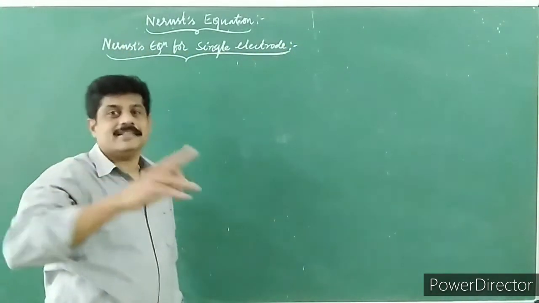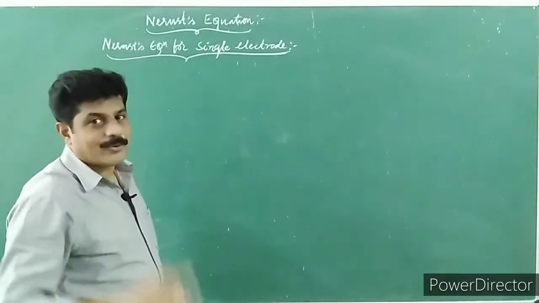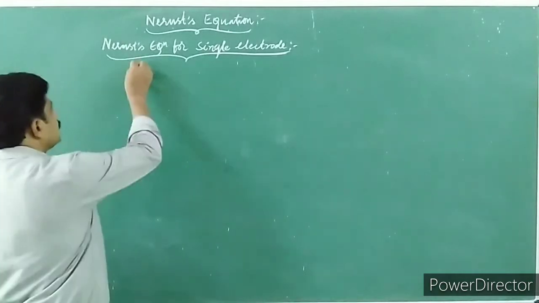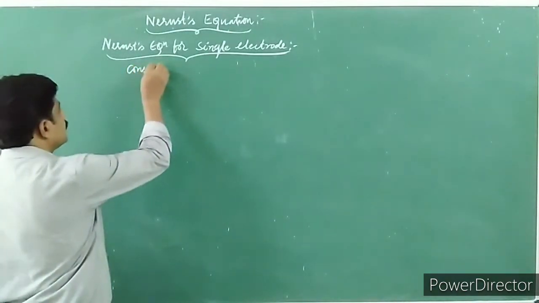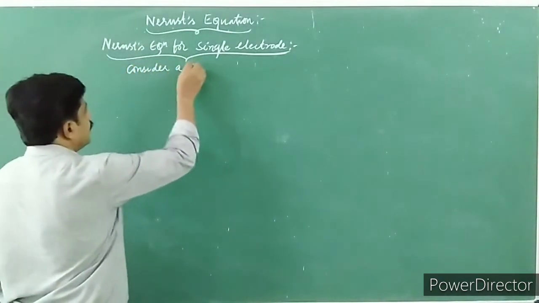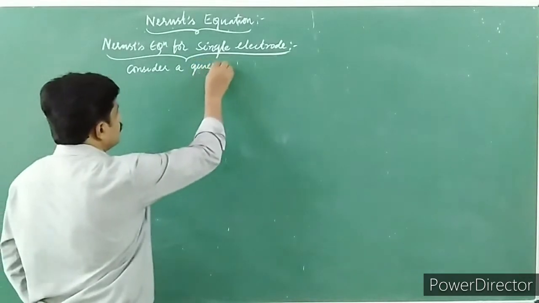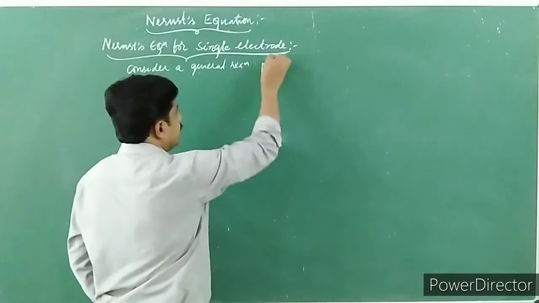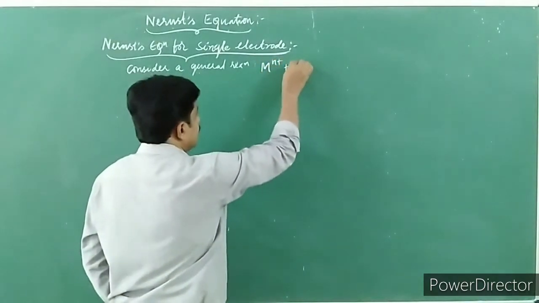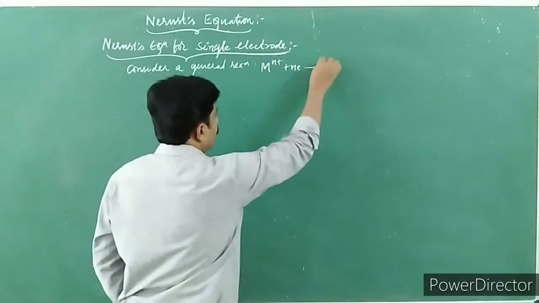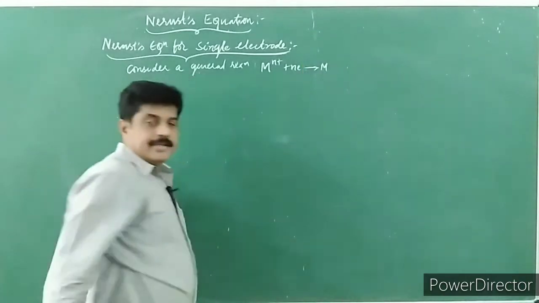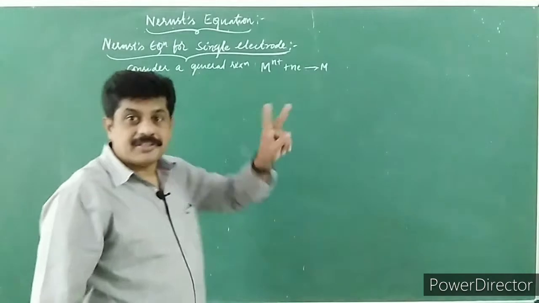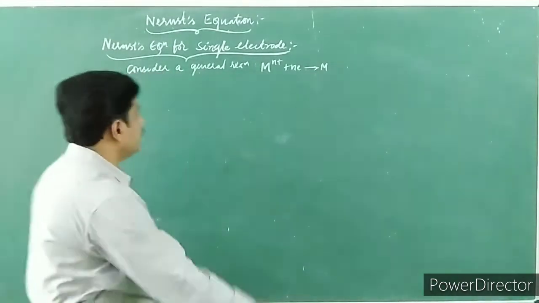Children, for writing the Nernst equation for a single electrode, let me consider a hypothetical general reaction: Mn+ plus n electrons gives M. I can write a Nernst equation for this reaction in two different ways. Let me write the first one.